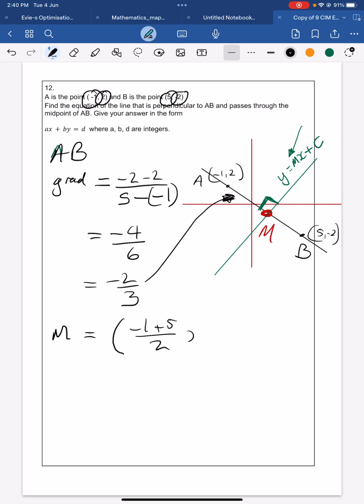And now the y coordinates, 2 plus -2, find the average. All right. So this first one is 2, and of course the second one is 0.